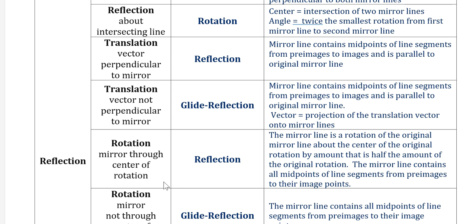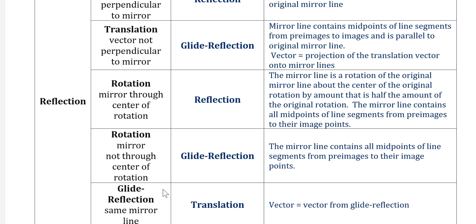If you do a reflection and then a rotation next, where the mirror goes through the center of the rotation, you end up with a reflection. The mirror line is a rotation of the original mirror line about the center of the original rotation, and the angle is half the amount of the original rotation. The mirror line contains all midpoints of line segments from pre-images to their image points.